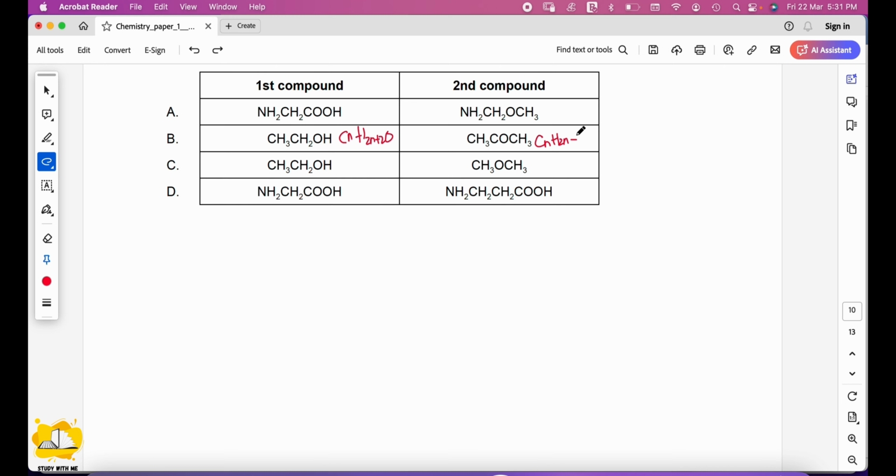So they are not structural isomers, but for C, the formula is CnH2n+2O, and for ether also CnH2n+2O. So they are matched. So the answer will be C.